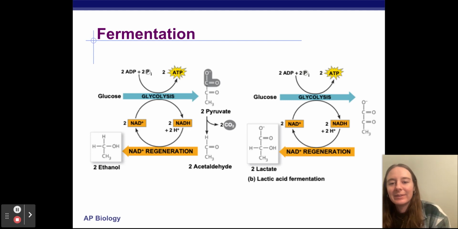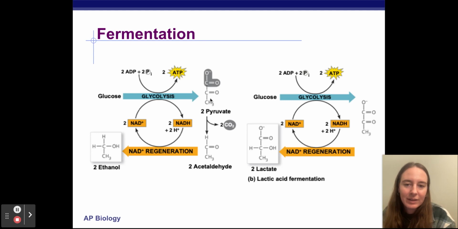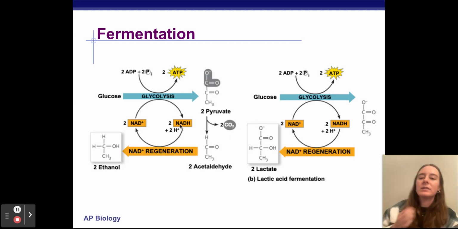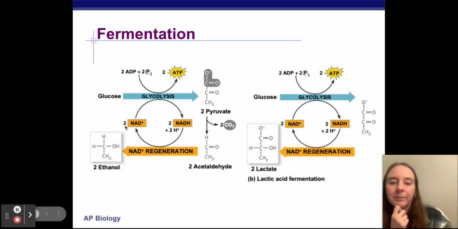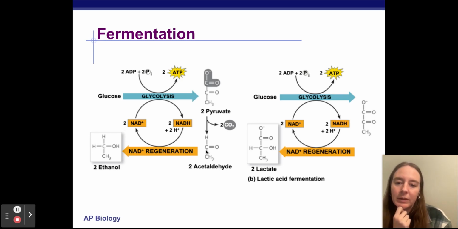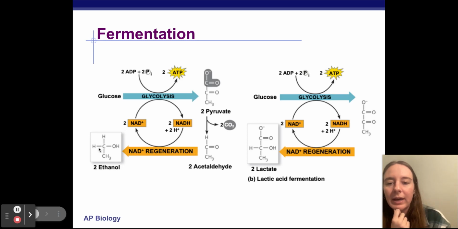You are going to oxidize it, and you're going to try to regenerate NAD+. And that hydrogen is now going to go stick onto this molecule over here. So it's going to add on that H in place of this carbon dioxide, and it's going to be reduced. So this is going to pick up that hydrogen, and the whole point of this is so that you can regenerate NAD+. This will be converted into a molecule called ethanol.